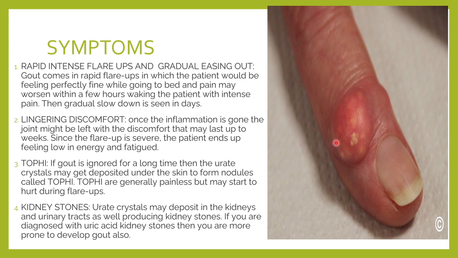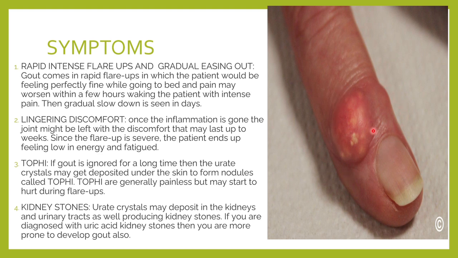So gout comes as a flare-up. Suddenly the patient will get an acute attack. Then after some time, after taking medicines, he will be perfectly fine. Later on, because of certain triggers, like the patient had a case of beer, or a diet very high in purines, that might again trigger uric acid deposition and again an acute attack of gout.